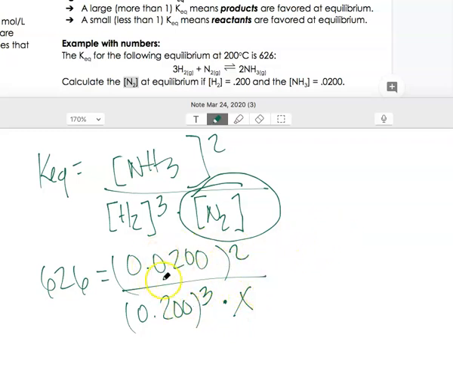And when you use algebra, again, some of you guys need to review this. I want to isolate x. Because I know my algebra really well, I could just swap this x with this 626.